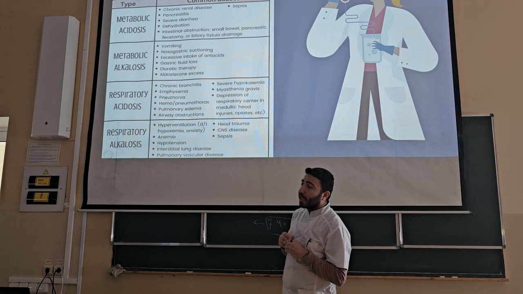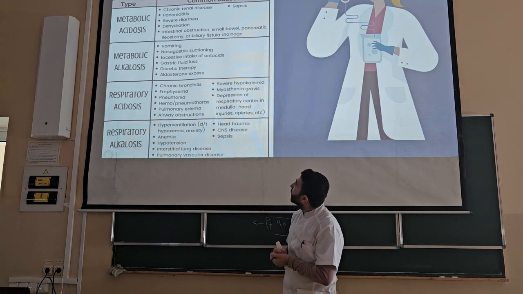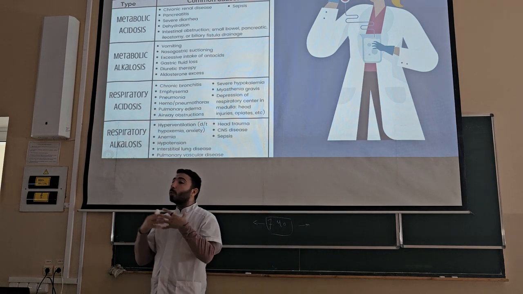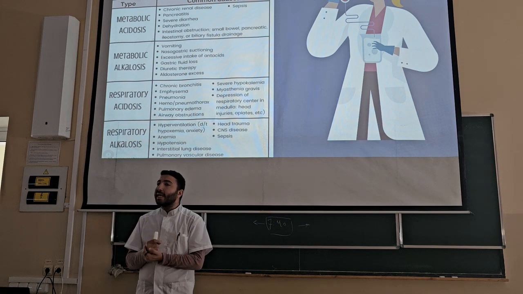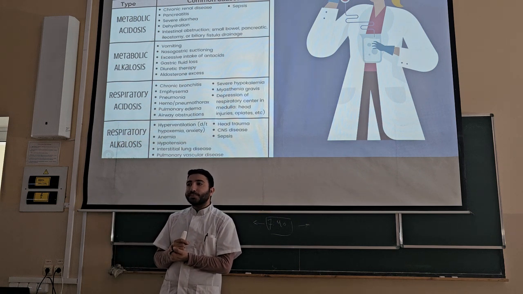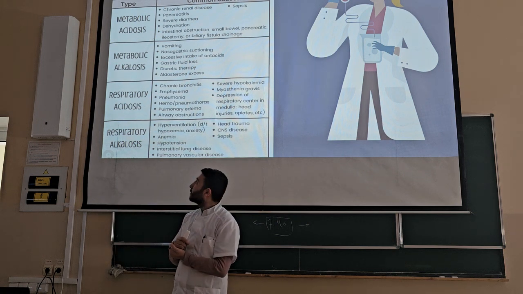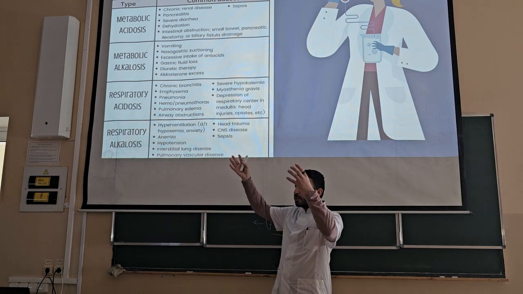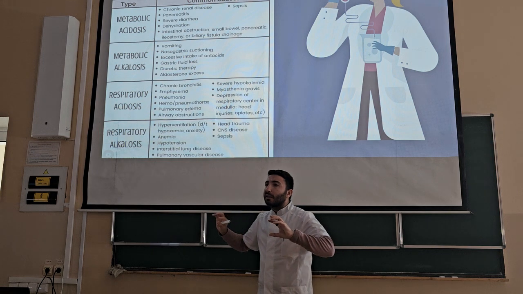Diuretic therapy as well plays a role. Aldosterone is also one of the causes that plays a role in making metabolic alkalosis. That's according to metabolic acidosis and alkalosis.